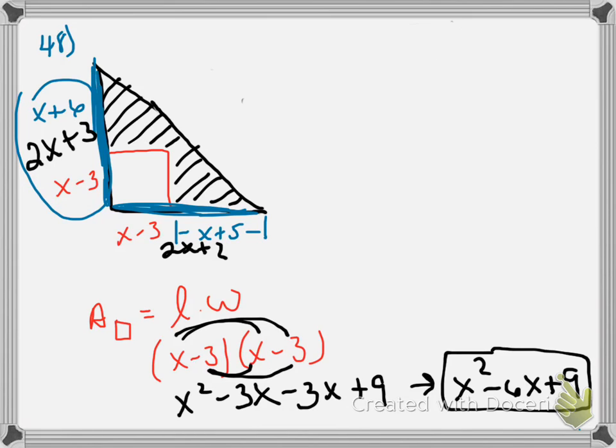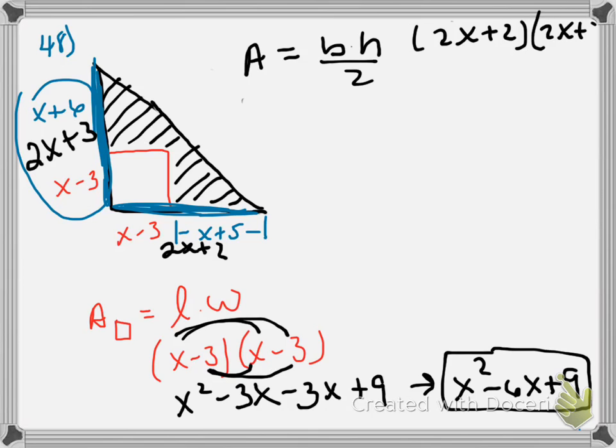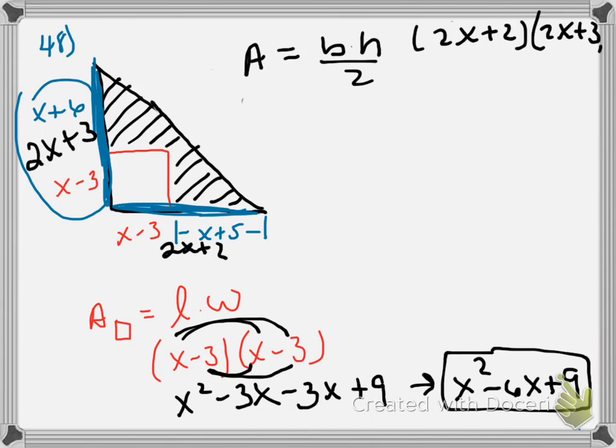So now let's go back to our area is base times height divided by 2. Alright, so my base is 2x plus 2, and my height is 2x plus 3. And I'm going to divide the whole thing by 2.